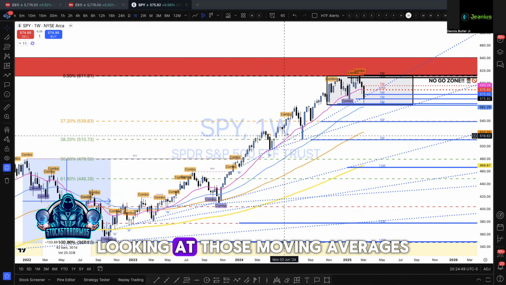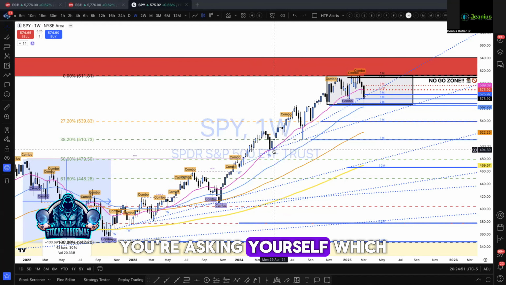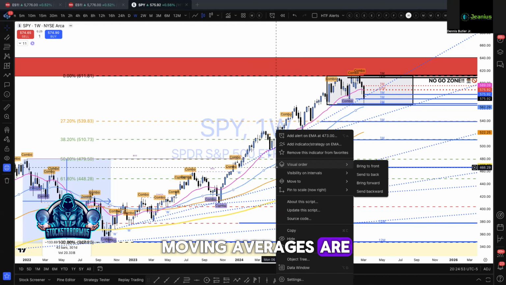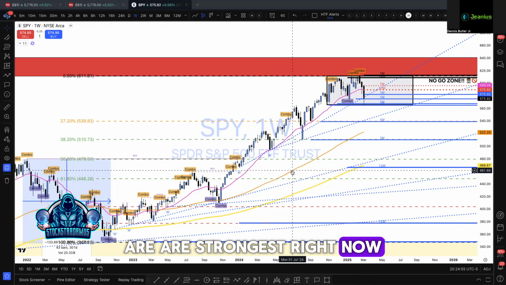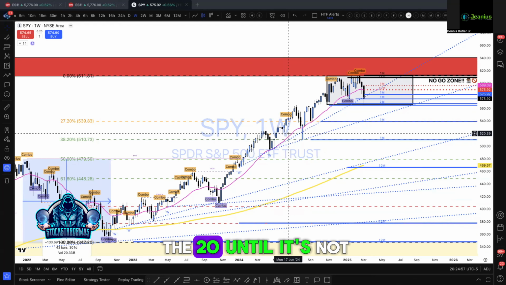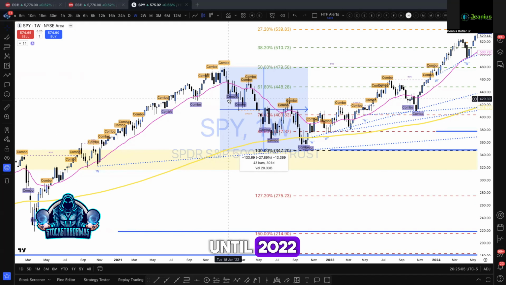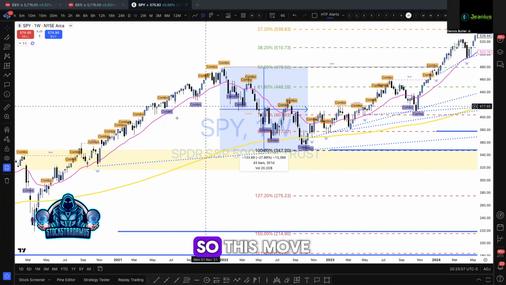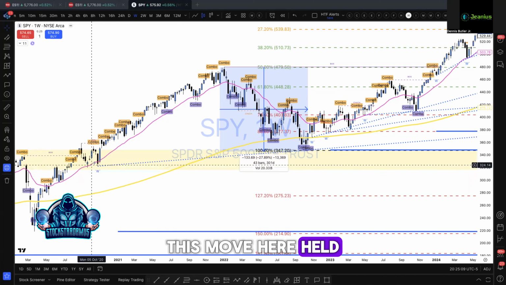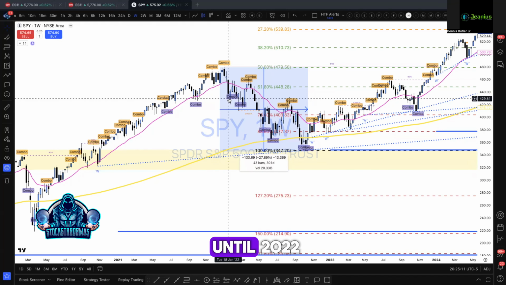And also, when you're looking at those moving averages on a higher time frame, you're asking yourself which moving average is strongest right now. And it's been the 20 until it's not. The last time the 20 held strong was this move here until 2022. So this move here held strong above the 20 until 2022.